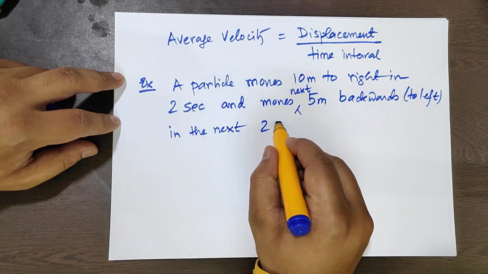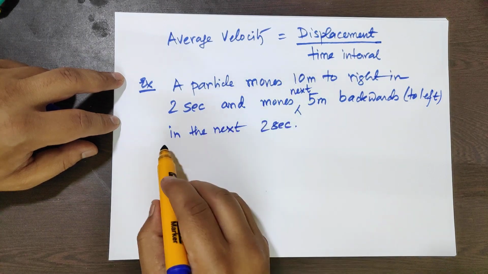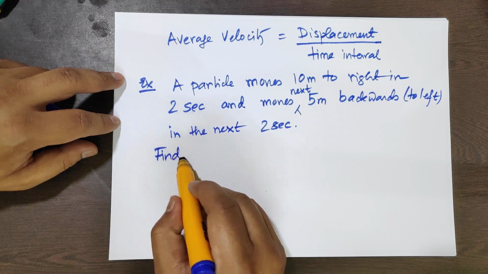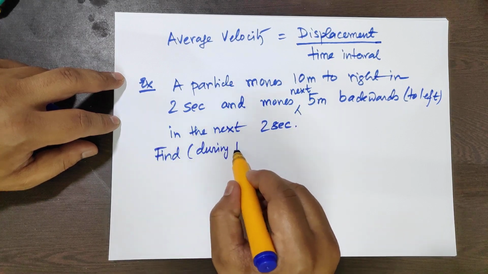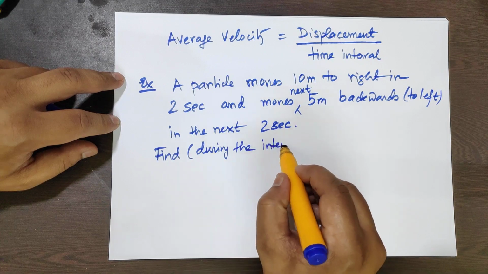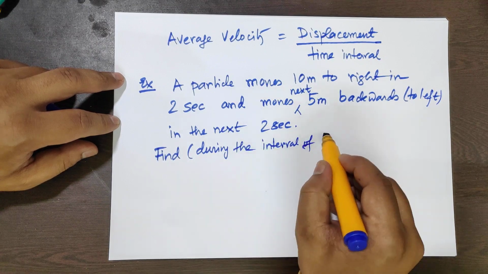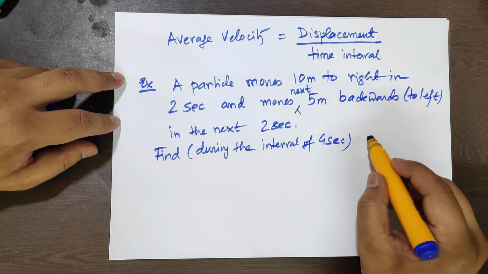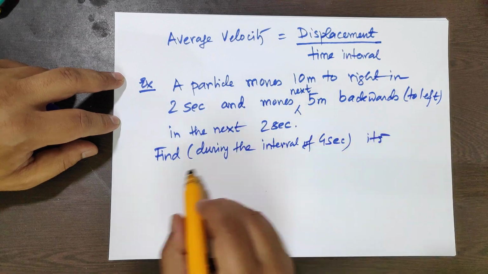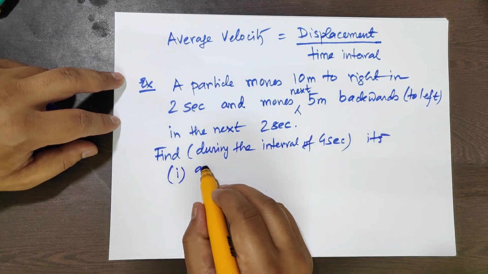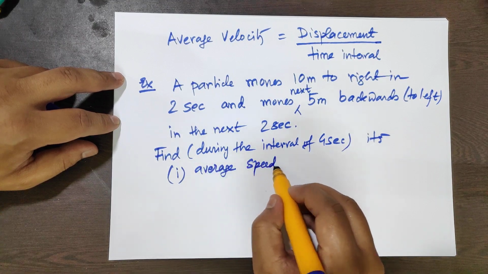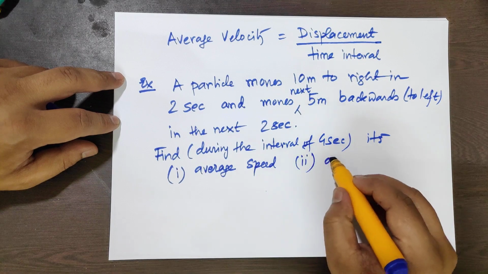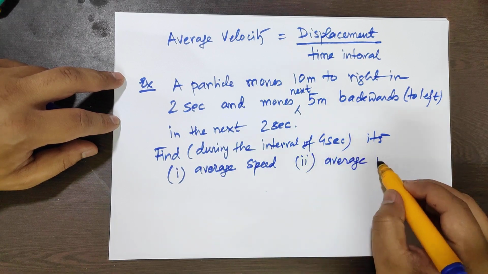So find, during the total interval of 4 seconds, 2 plus 2, 4 seconds, its average speed and average velocity.